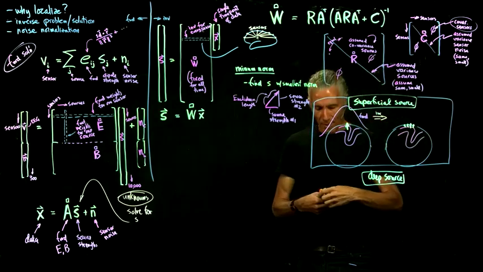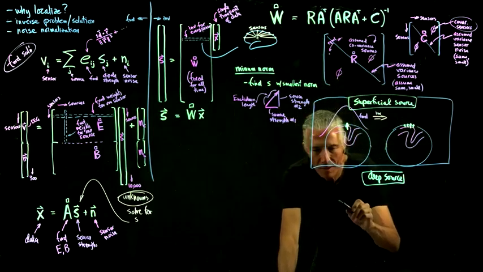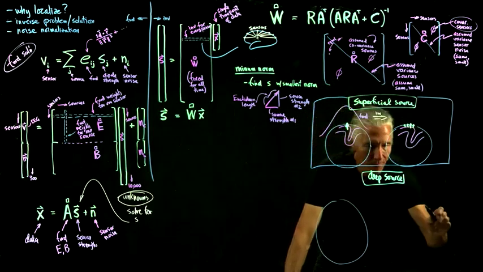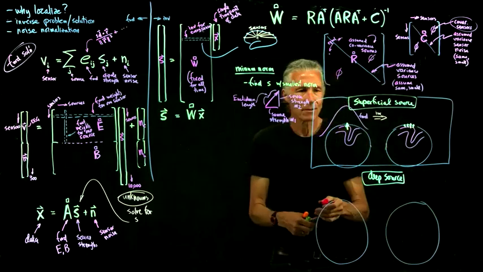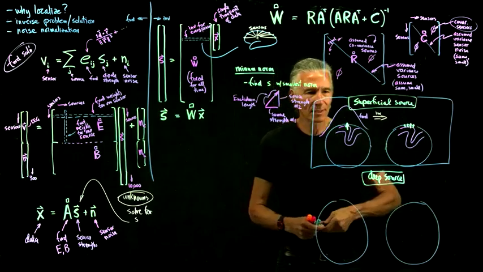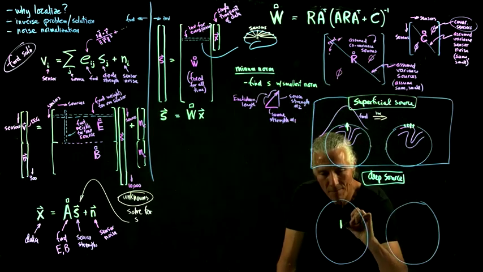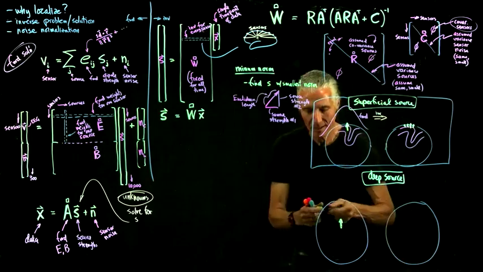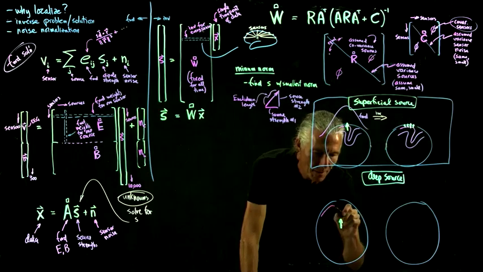Okay, so what about if we've got a deeper source? So now what's going to happen? Say our source is the same size source. So here's that source. Let's put that source down here. And say that guy is at the bottom of something like that.